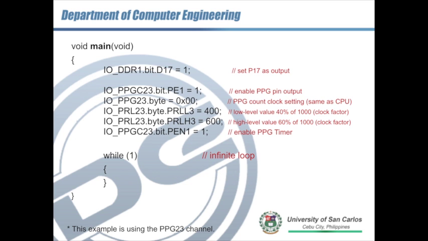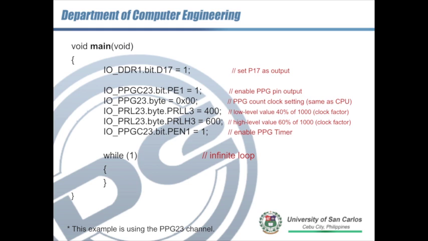Now this is a sample code. We'll be using the PPG23 channel. We set P17 as an output, and we use the register PPGC23 because PPG3 belongs to the PPG23 channel.